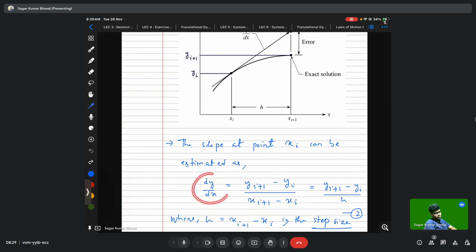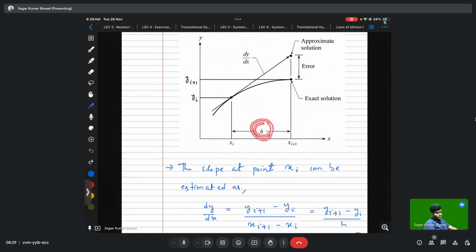The derivative actually represents the slope at a point for a function. So dy by dx can be represented in this way, right? You choose any arbitrary step size. It must be a very small number, right?